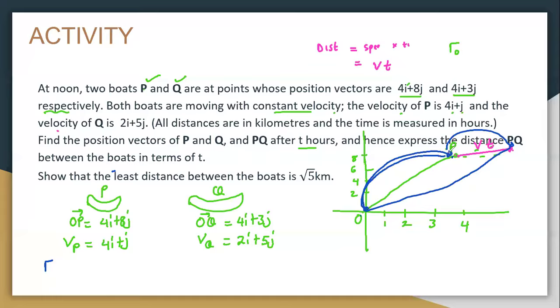So I'm going to start from O to P, then from P up to any point where the particle is by adding on VT. Do you allow me to call it RP to represent the position vector of the particle at any point? So I'm going to say RP is equal to OP plus VT, whereby OP is the initial position where it was, and VT is the displacement it has attained after it has started moving. Kindly let me know whether this is clear now to everyone in the chat.